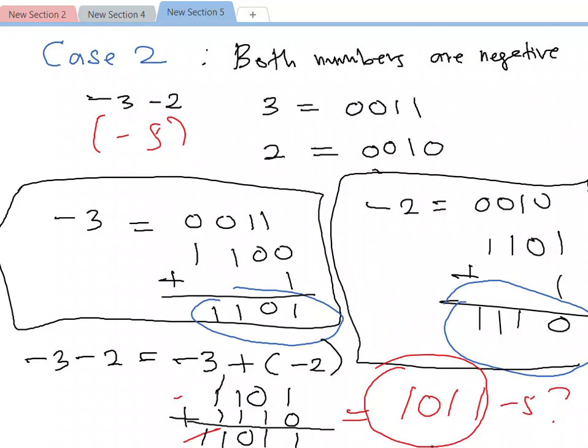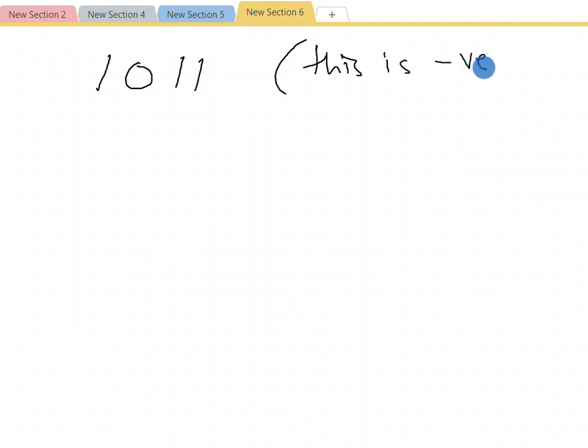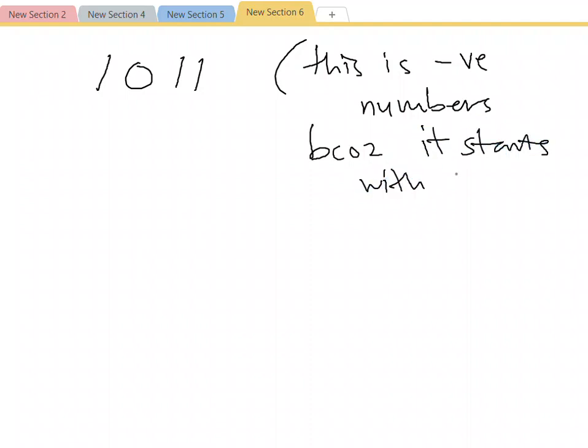So we perform the inverse process on 1011 to check the value. This is a negative number because it starts with 1. The leftmost here is 1.